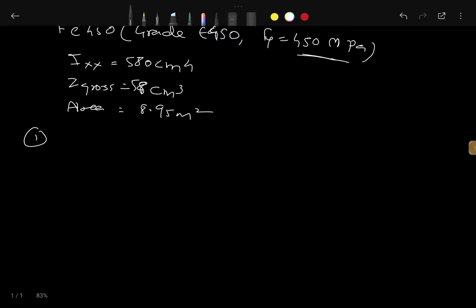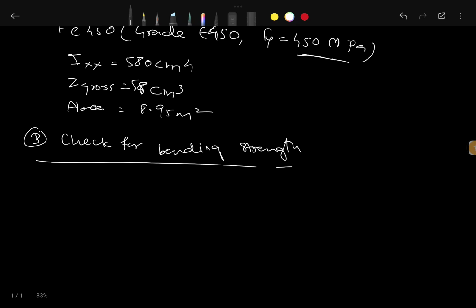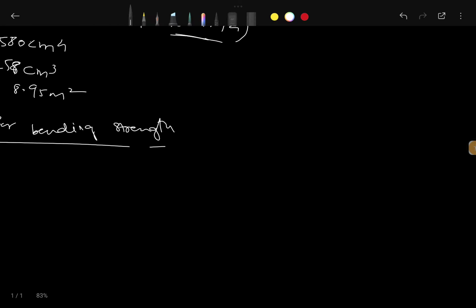Now the third point is check for bending strength. This check for bending strength means considering lateral torsional buckling.